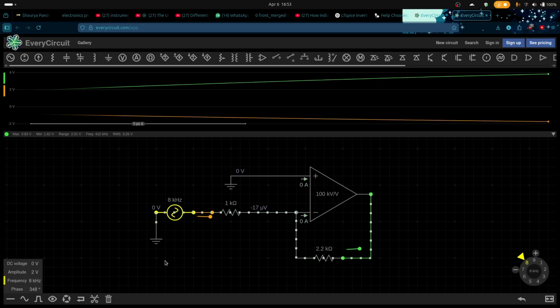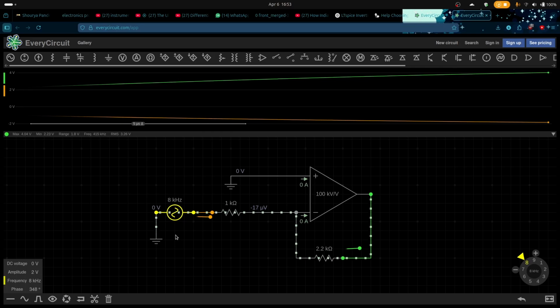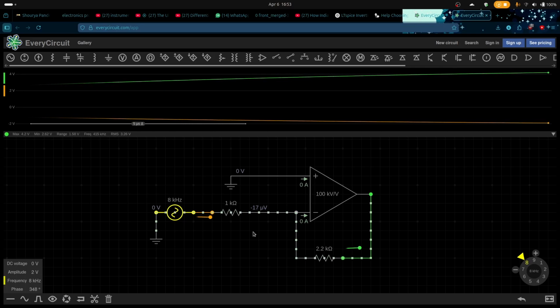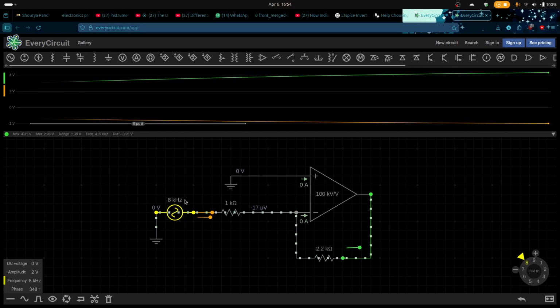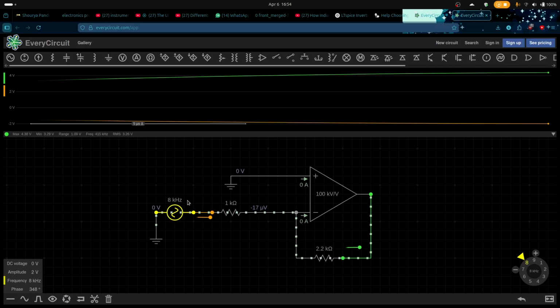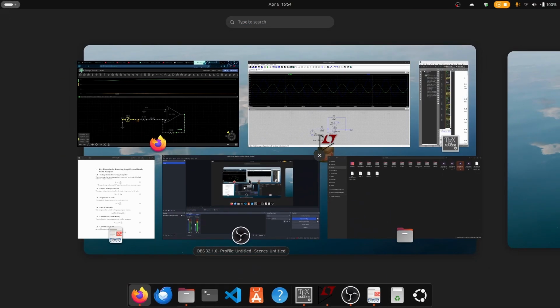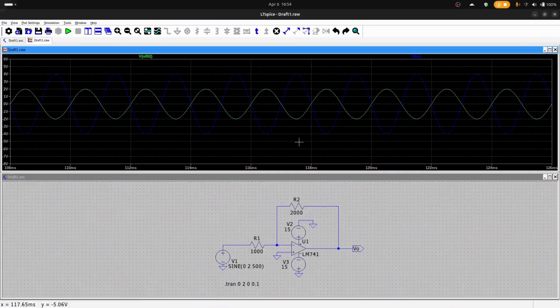So for the op-amp to stay in the ideal zone, or to stay in a perfect zone, we need to calculate the bandwidth. And for the bandwidth, we have to do AC analysis. So now let's do the AC analysis of the same.